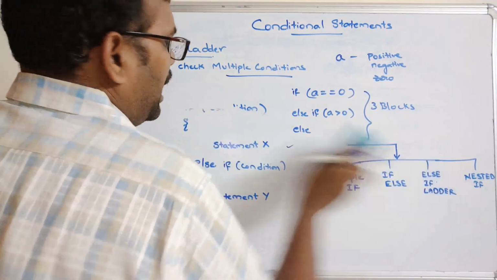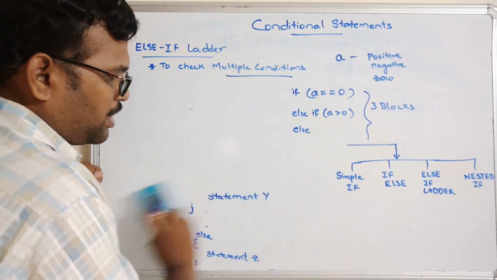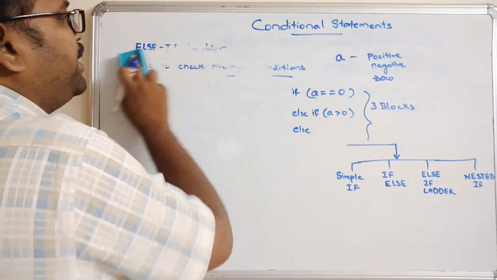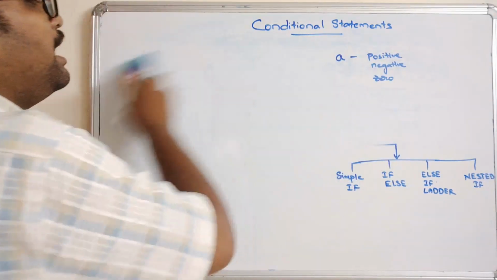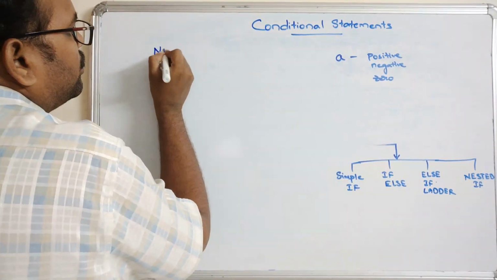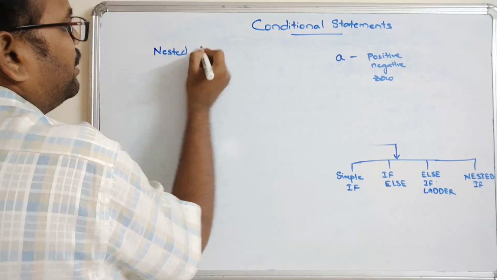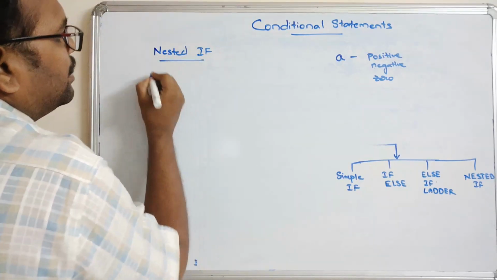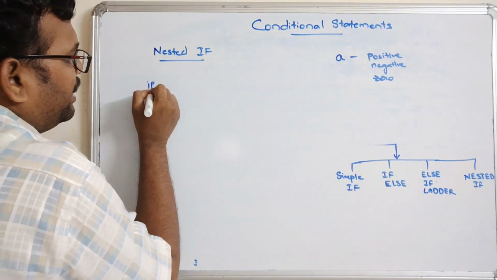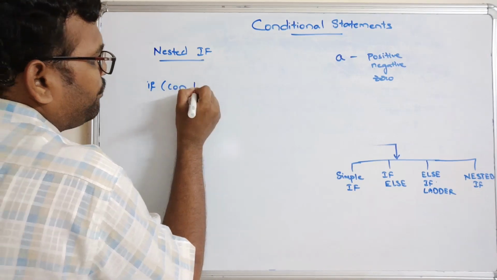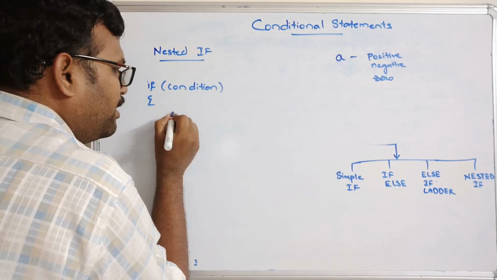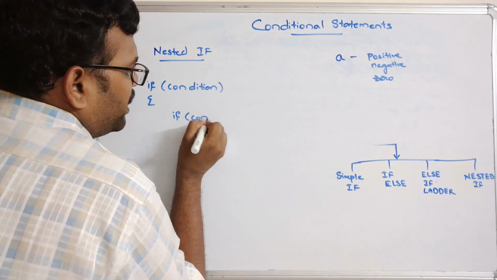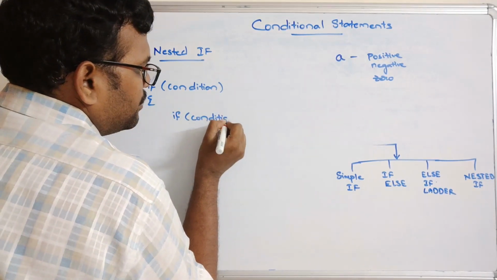Next, the last one is nested if. The name itself indicates we can write an if block inside another if block. So we write if and a condition, and if the condition is true, again we can check one more condition here.